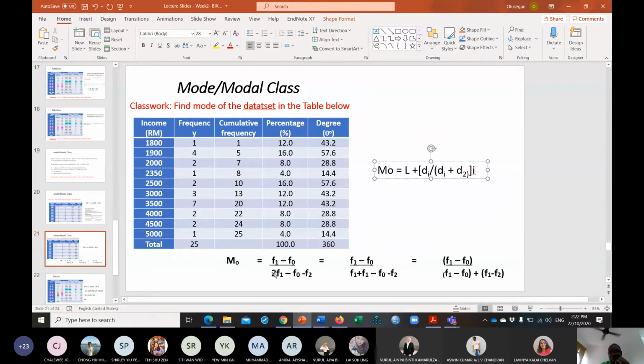I decompose the 2F1, and when you decompose 2F1, it means you have F1 two times. Am I right? Yes. Because 2F1 is the same thing as F1 plus F1. I just want us to make that clear. And if you put it in the formula, you have F1 minus F0, then F1 minus F2. Is that clear too?